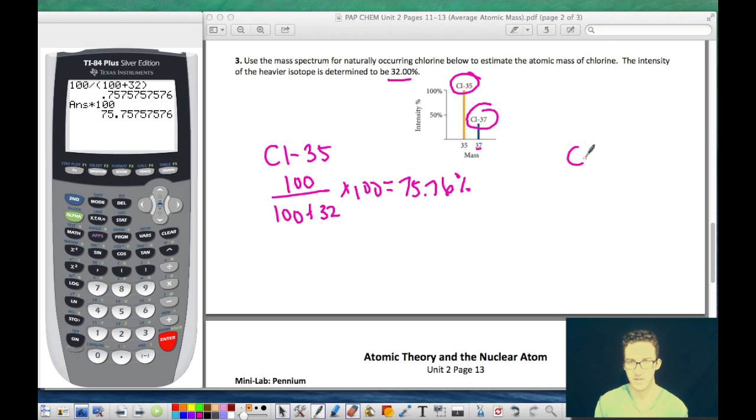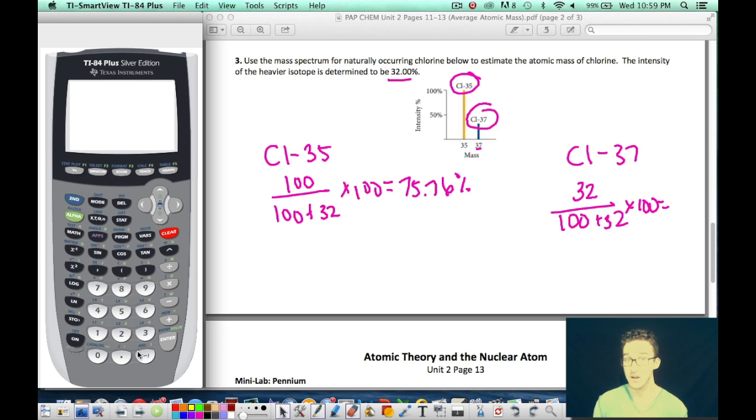We do the same thing for that heavier isotope, chlorine 37. We're going to take its intensity value, which we're told to be 32, out of the total intensities of all the peaks. And when we put this in the good old calculator, and you might be able to figure this out in your mind, 32 divided by 100 plus 32, close, times 100.